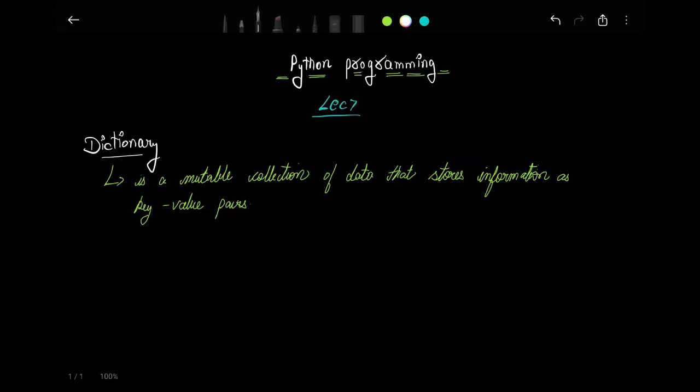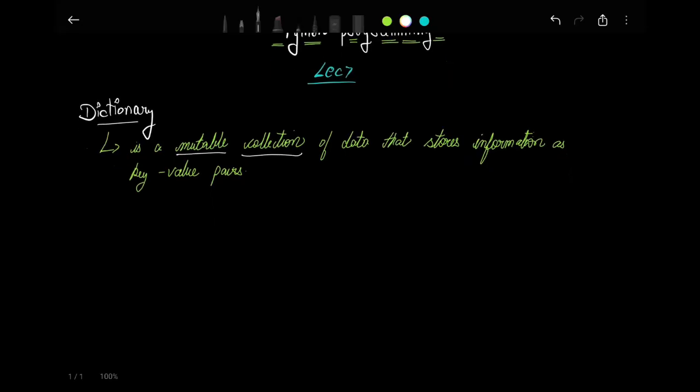A collection, a dictionary can store multiple pieces of information together. Mutable means we can add a new key value pair, or we can update existing values, or we can remove key value pairs.